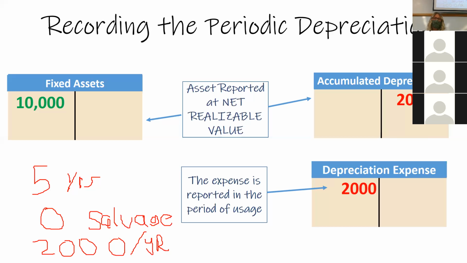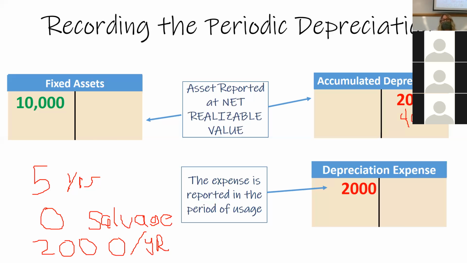Why is the depreciation expense recorded as a debit? All of our expenses are recorded as a debit, because they offset revenue, which we record as a credit. The other reason is that when we're writing down the asset, we use this accumulated depreciation account. The next year we would see 4,000 here.